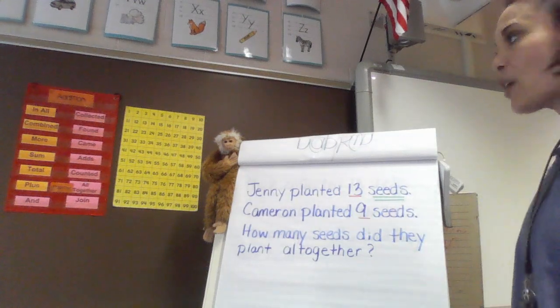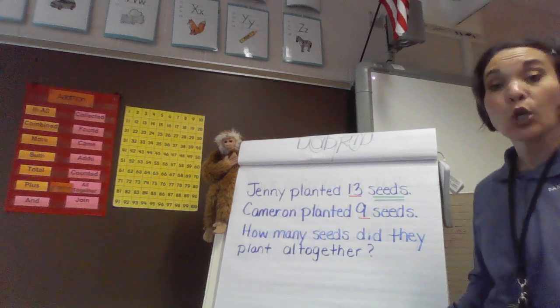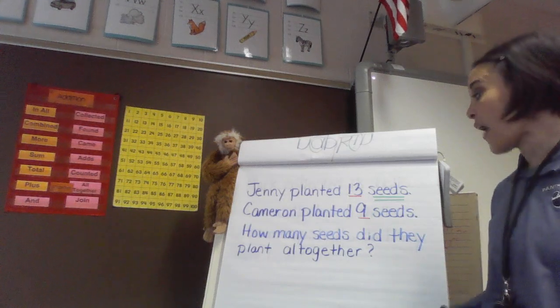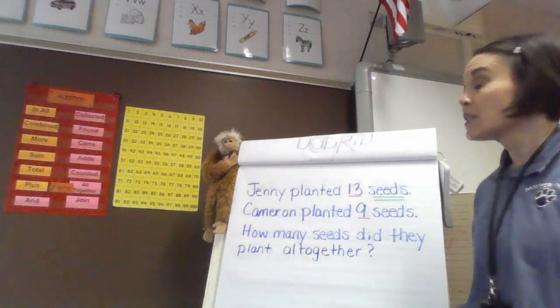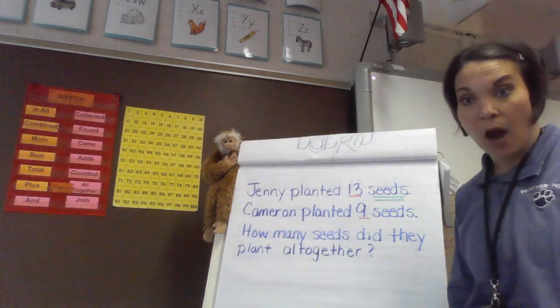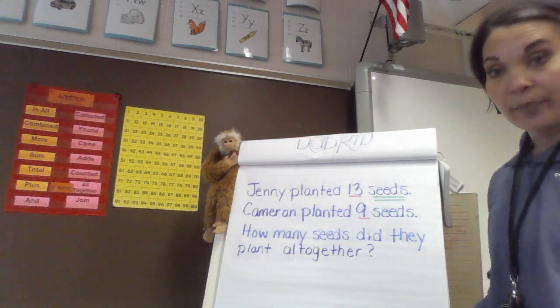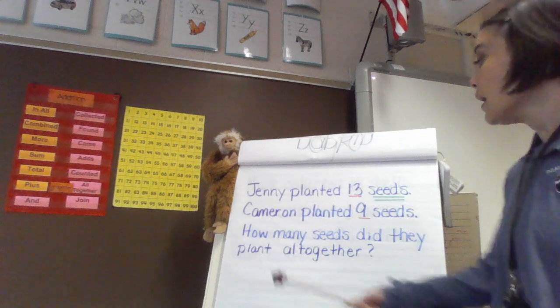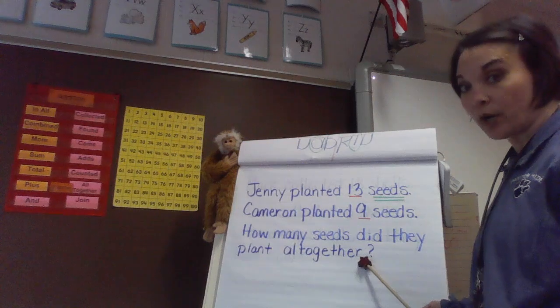But now my question first would be, what would your clue word be? Usually clue words are found in the question. Usually. Sometimes they can also be found in the body of the word problem. But in this case, I have it in the question. So let me say the question again. How many seeds did they plant all together?